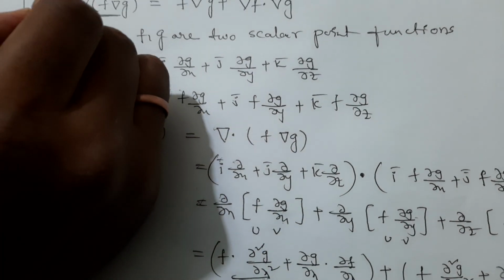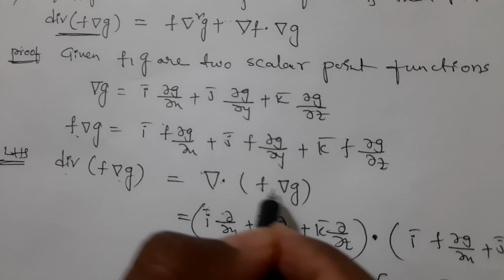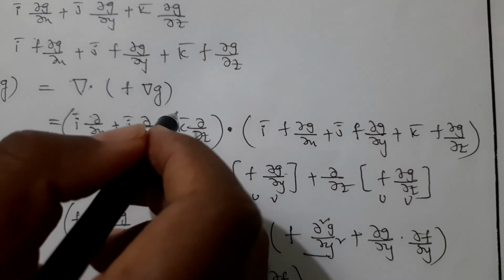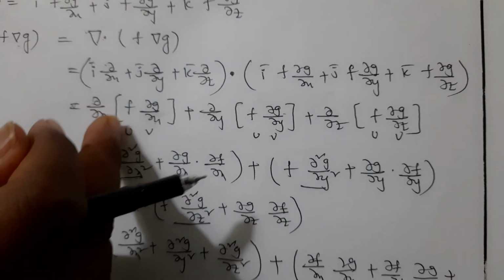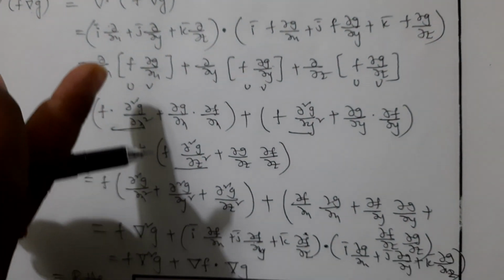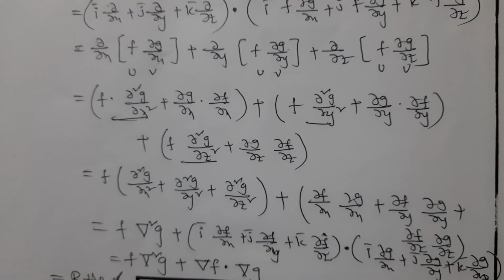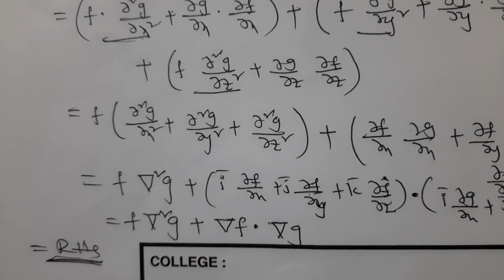Next go to the given question: divergence of f del g is equal to del dot f into del g. The del value is i bar into dou by dou x plus j bar into dou by dou y plus k bar into dou by dou z. Apply the vector dot product and simplify with the uv derivative formula, then we get the answer: f into del square g plus del f dot del g.